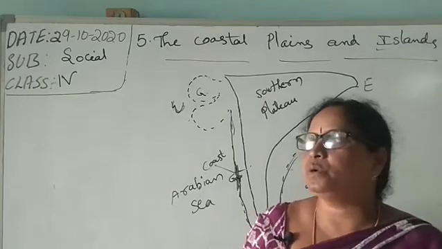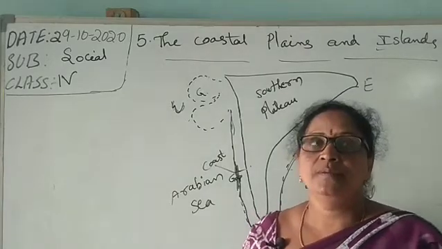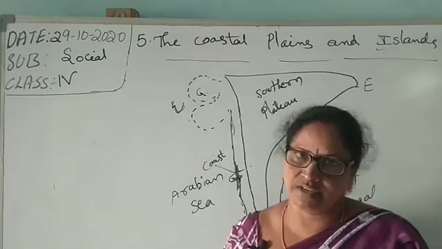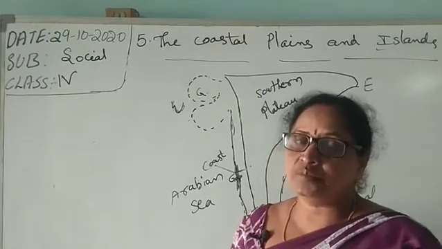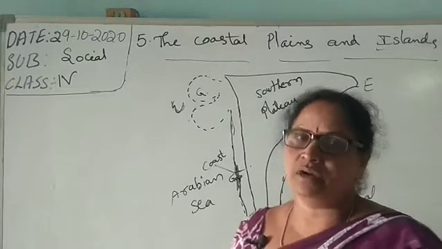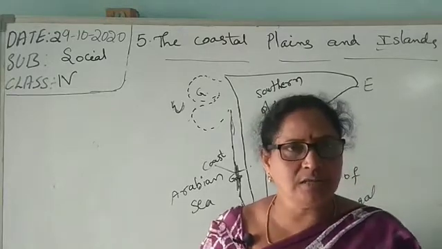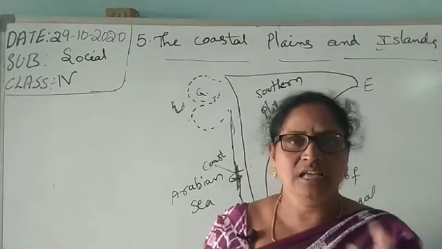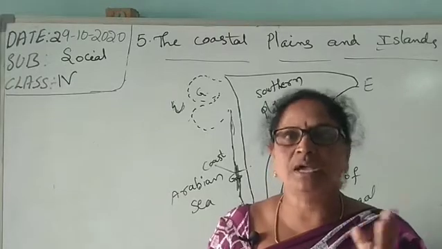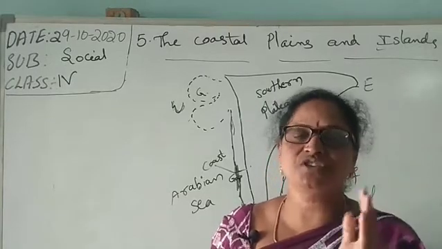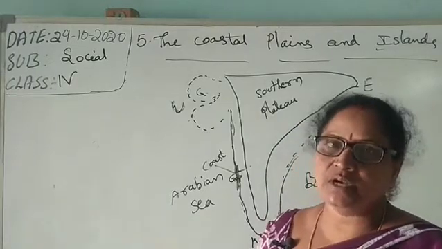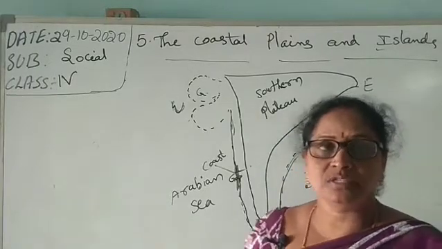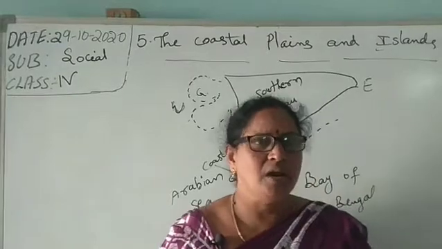In this Malabar coast, very beautiful lagoons are very famous. What is a lagoon? A small shallow salt water lake that is cut off, separated from a sea. Those are very famous in this Malabar coast.